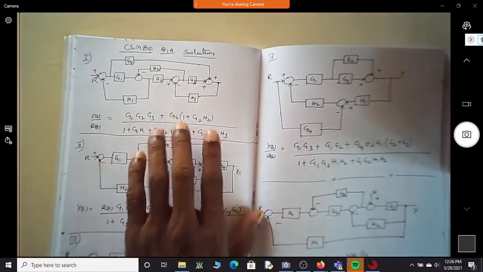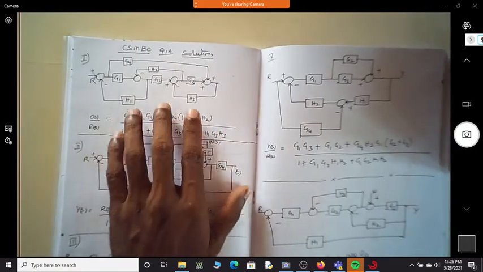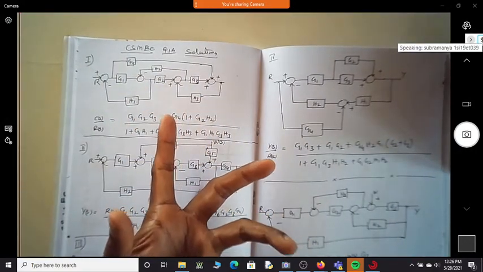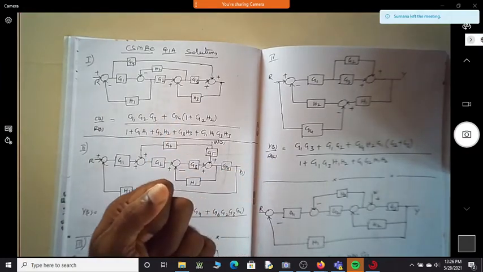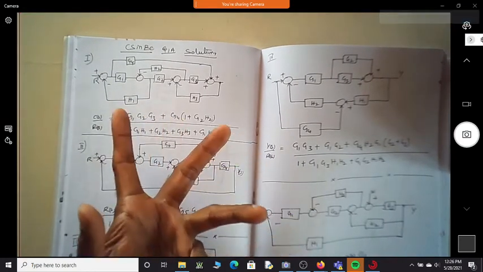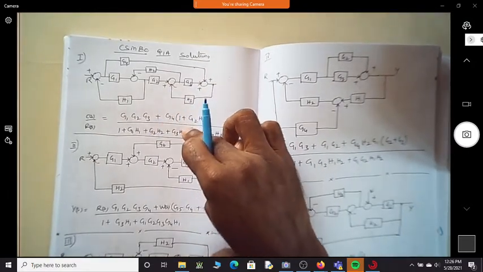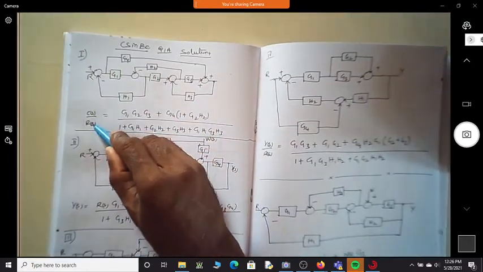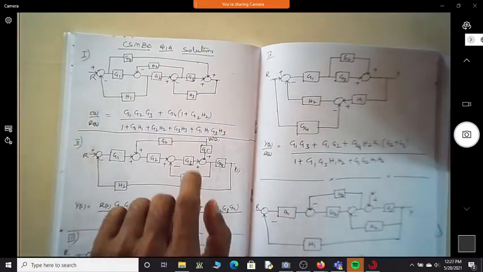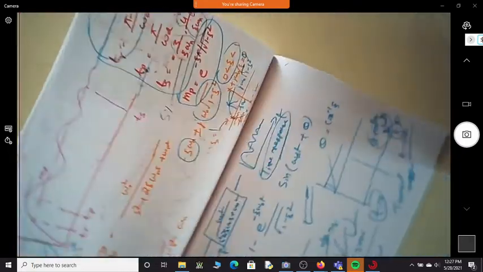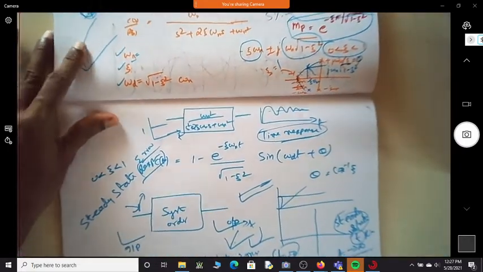Since this transfer function is defined by small blocks consisting of many mechanical elements, it can be a mass, a spring constant, a friction, so many things. All those things matter to form this transfer function, and for a given input, what is the response? If the response is not falling within your range, then you say there is an error.